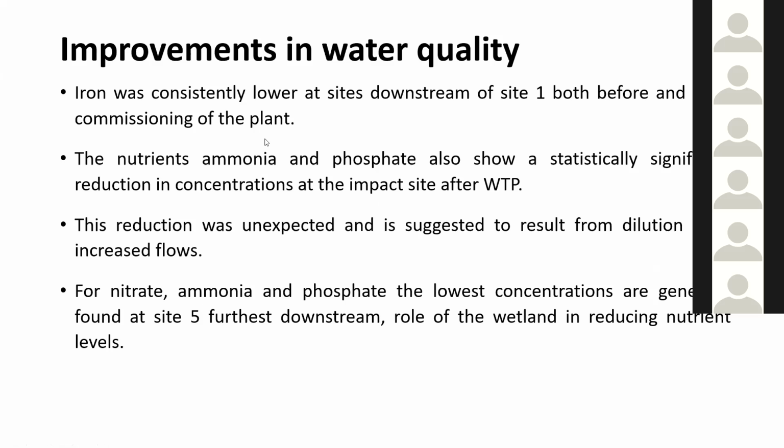And so we have a lot more influx of water coming from underground that doesn't have nitrate, ammonium, phosphate in it. And so what we attribute this improvement to is simply a dilution effect, where we have increased flows, where the amount of the parameter is the same, but the concentration is lower because of increased flows.